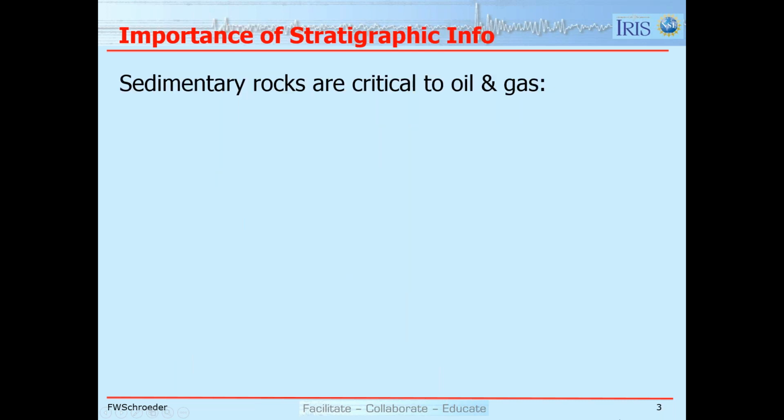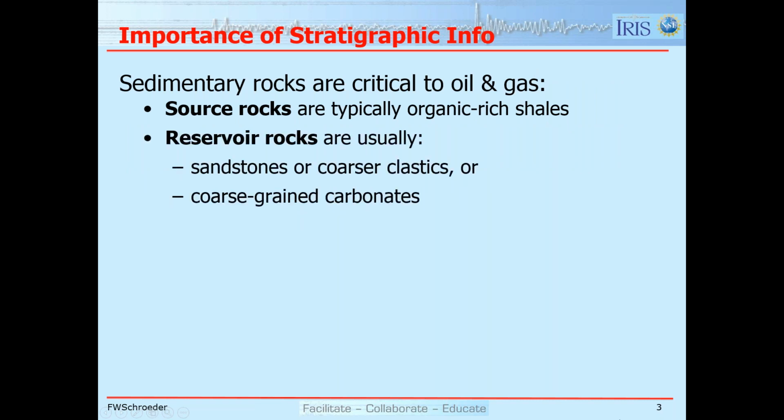Okay, so let me talk first about the importance of stratigraphic information. Of course, sedimentary rocks are critical when we're looking for oil and gas. One of the things we need to worry about is where source rocks are, and those typically are organic-rich shales. We want to know where our potential reservoir rocks are.